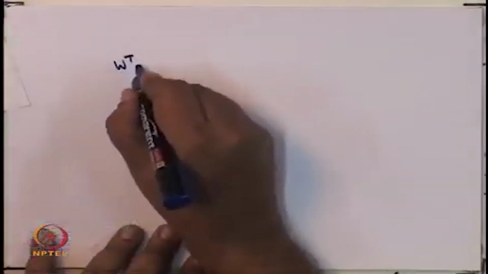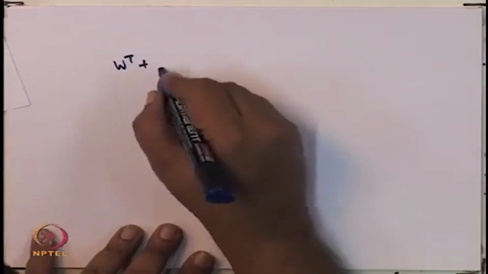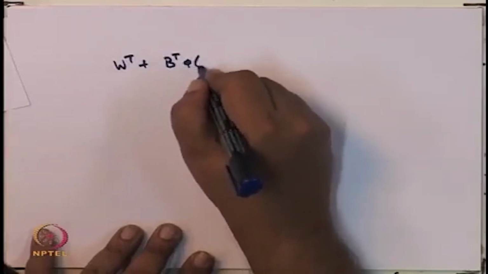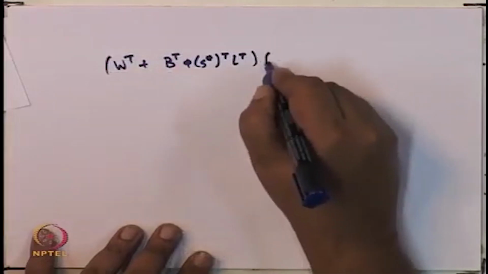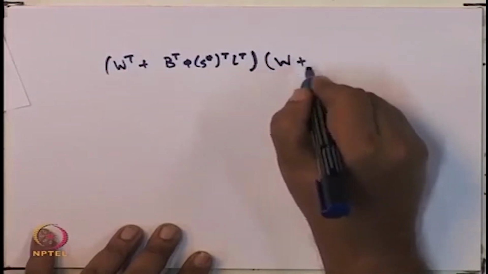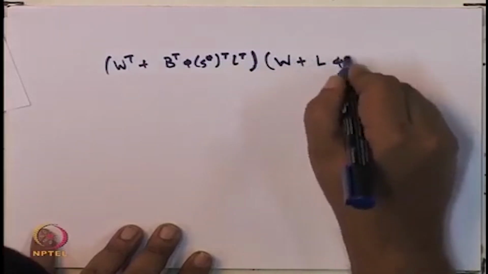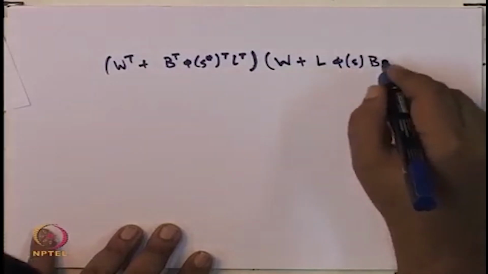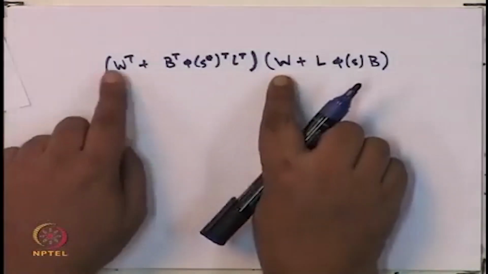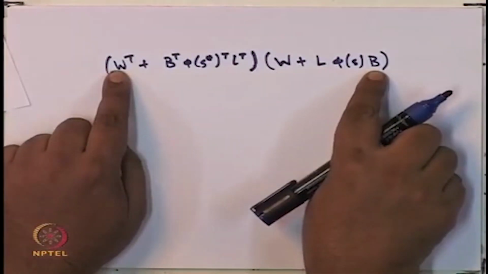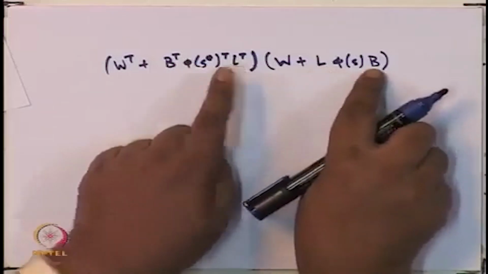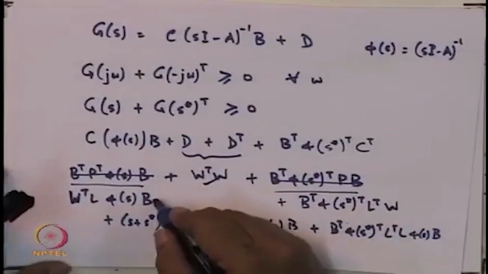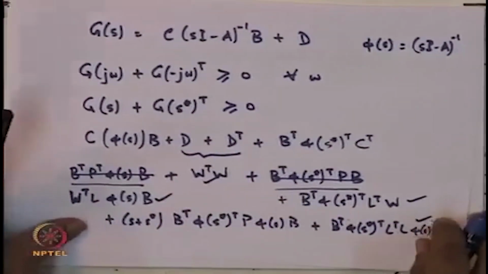As a sum of squares, what you get is W transpose plus B transpose phi S star transpose L transpose, multiplying W plus L phi S B. If you multiply this out, you get W transpose W, W transpose L phi S B, B transpose phi S star L transpose W, and B transpose phi S star L transpose L phi S B. So you would have got these 4 terms.